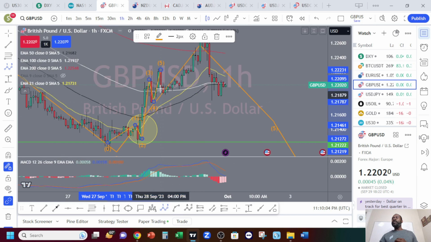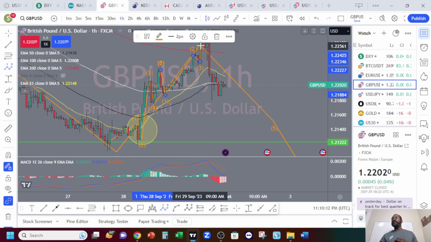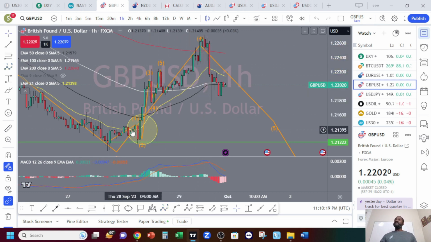You see, this is why it's important to understand time frame. You can see that the market does this, and this is a retracement in the 4 hour time frame, but in the 1 hour time frame, it looks like an uptrend. You have to know what you're looking at.